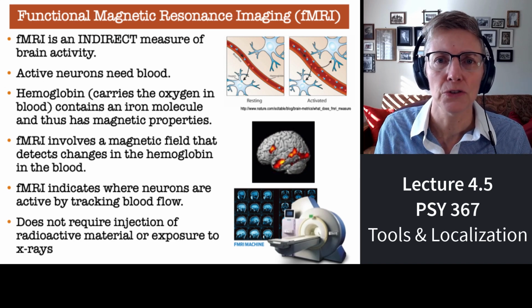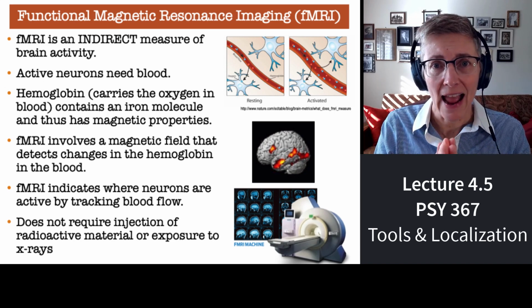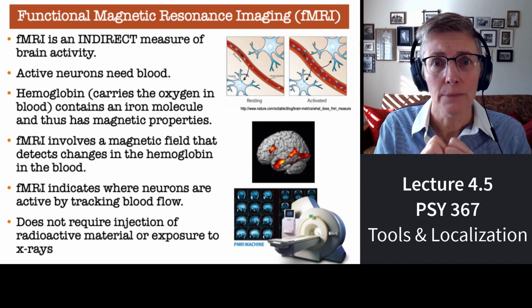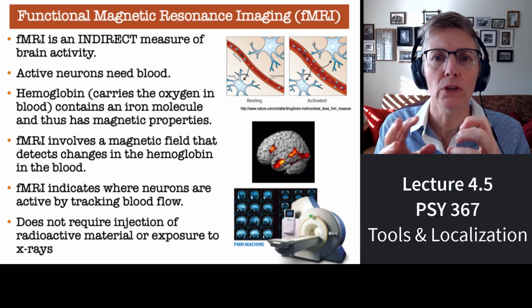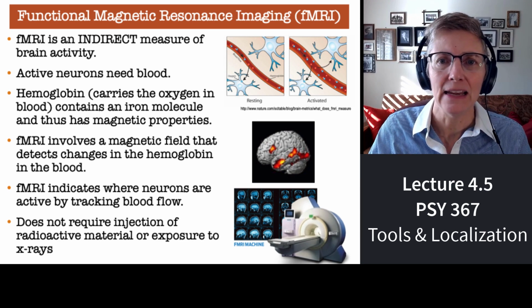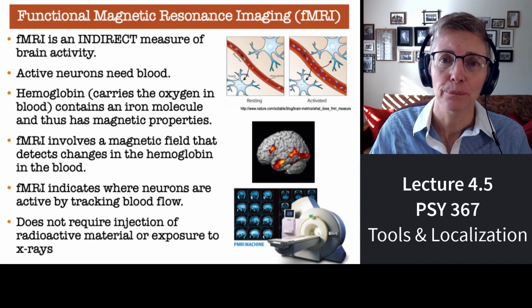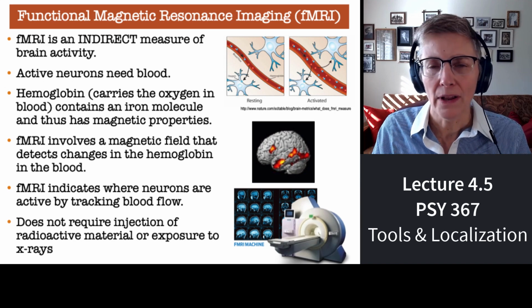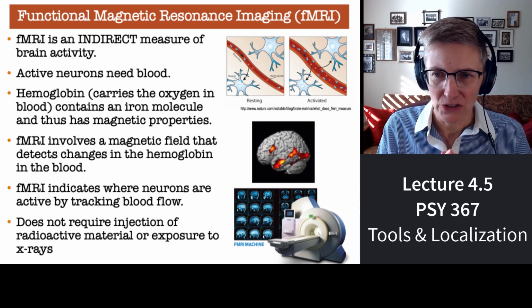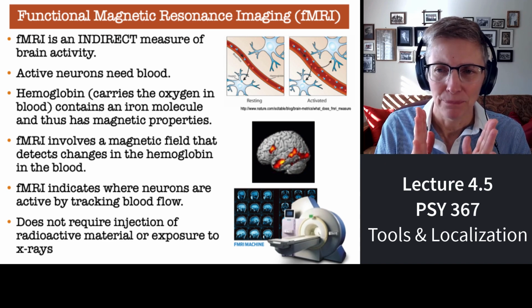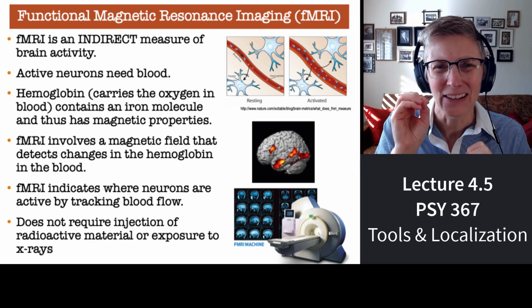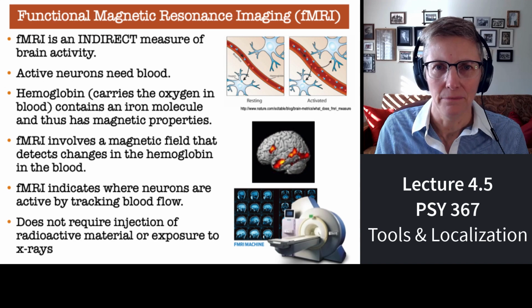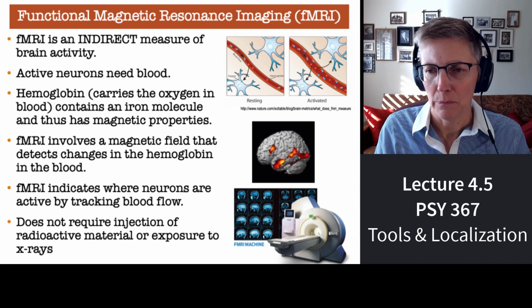So neurons that have been very active have a lot more need, and so the idea is that there would be more removal of oxygen from the blood in areas where there's been more neural activity. So what fMRI actually measures is the presence or absence of iron molecules in the blood. So it's an indirect measure based on blood flow.